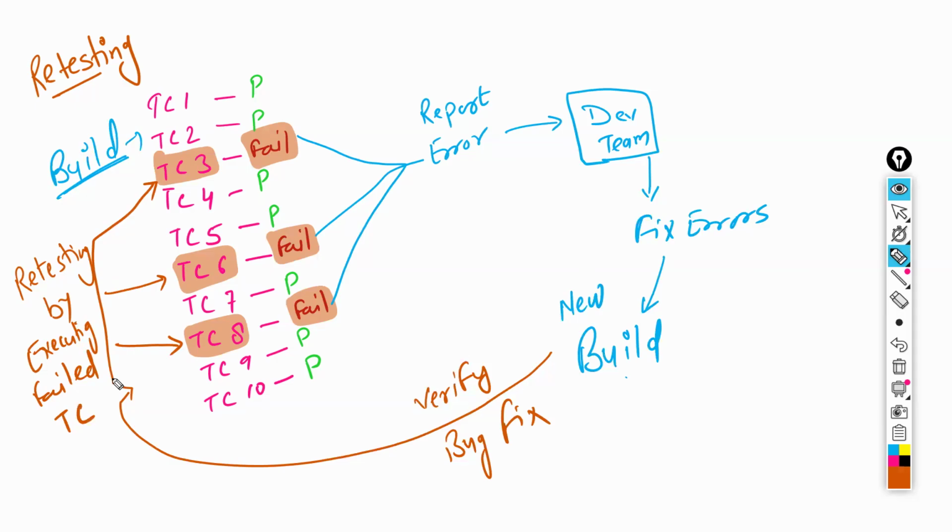Only those test cases which failed earlier, because every other thing is working fine. You got errors because of these three. You reported those errors. The development team has fixed them. They provided you a new build. And now you would verify the bug fix, the defect fix.